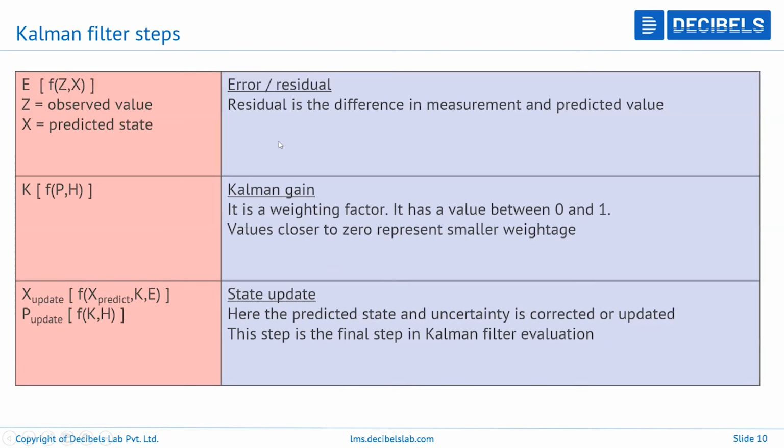So next we have the last three steps, starting with error or residual. Whenever we measure error, there are two very fundamental parameters which are considered. One is called the measured value and one is called the predicted value. In the last slide, we saw something called the predicted state.